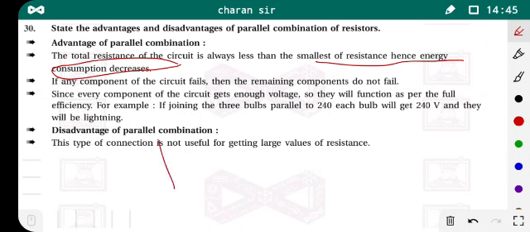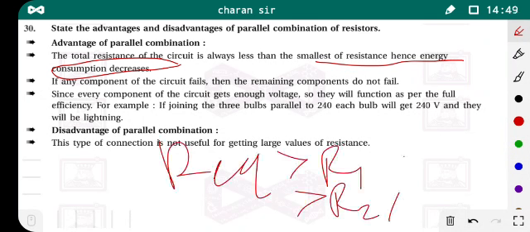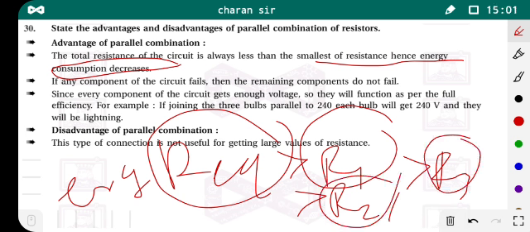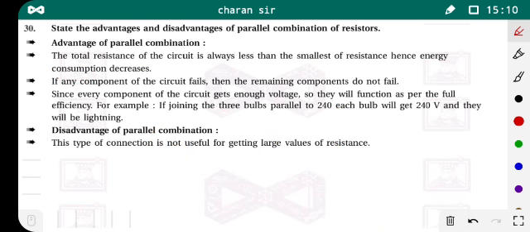In series connection your equivalent resistance is greater than R1, also greater than R2 and also greater than R3. So at that time your energy consumption will be large. But here now your equivalent resistance is smaller than the smallest value of R1, R2 and R3. So here your consumption of energy will be decreasing. This is the first advantage of the parallel combination over the series connection.